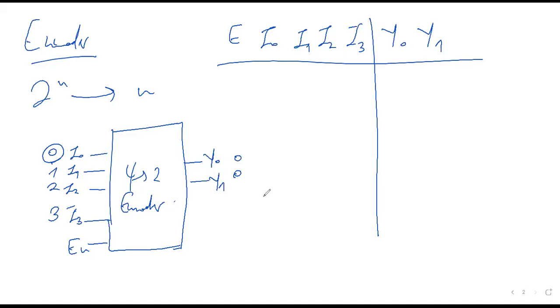That is encoding. If I have a 1 in my input, it encodes 0, 1. 2 gives 1, 0. 3 gives 1, 1. That is encoding.